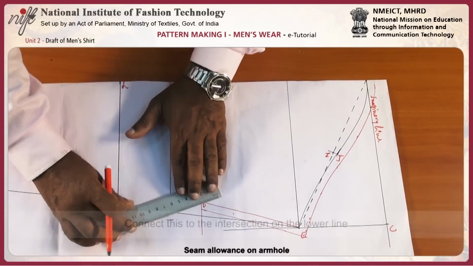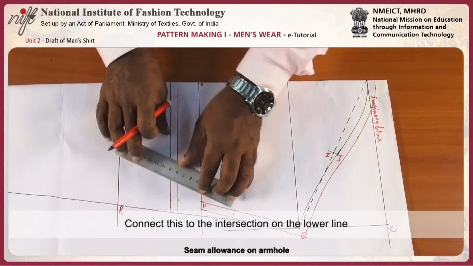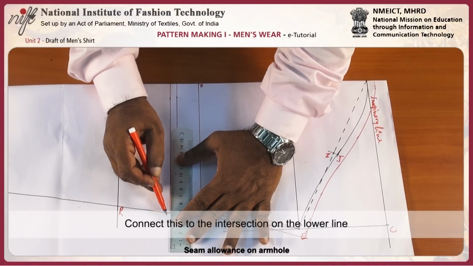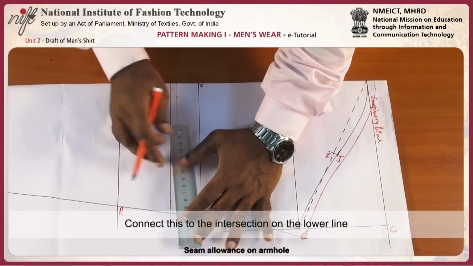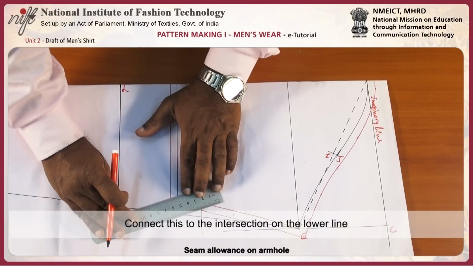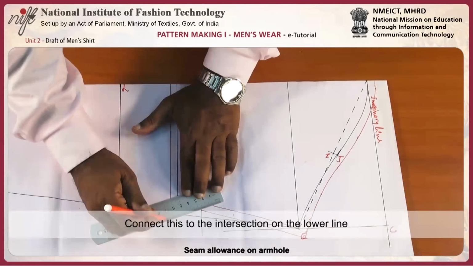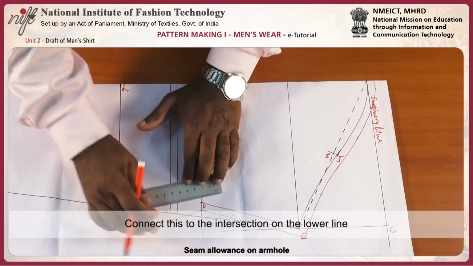Then connect this to the intersection happening on the lower line.